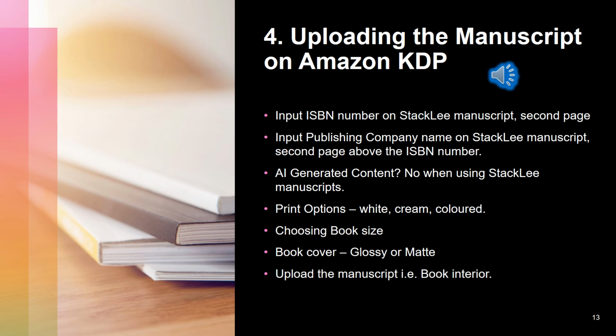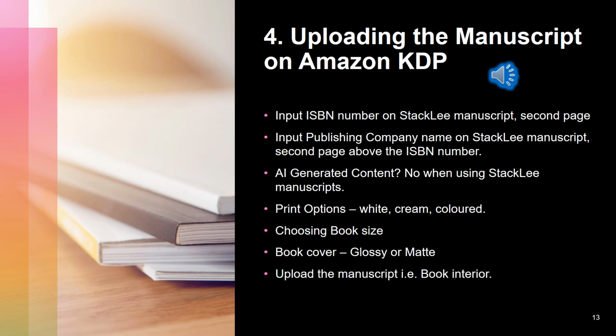Then choosing the book size, we've covered that. Whenever you want to publish, just check what is the book size of the Stackly manuscript you're uploading. It's always written beside the name of the book. So you just see beside the name of the Confessions of St. Augustine, 6 by 9. That's the book size. 6.14 by 9.2 something.